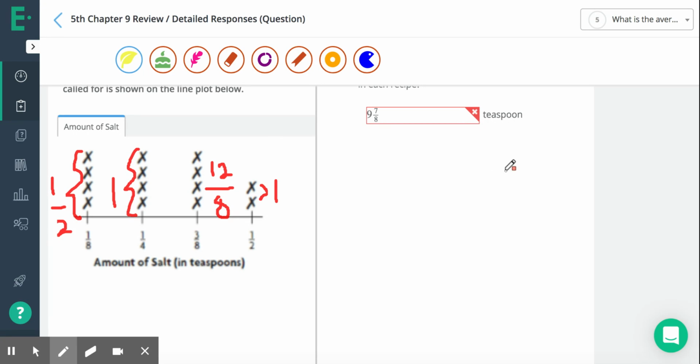So now I can rewrite this as 2 wholes plus 12/8 plus 1/2. Well, I know that from 12/8 I can take out 1 whole, which is 8/8, and I'm left with 4/8. 12 minus 8 is 4.